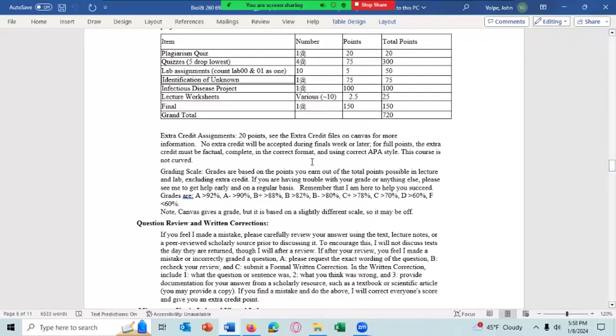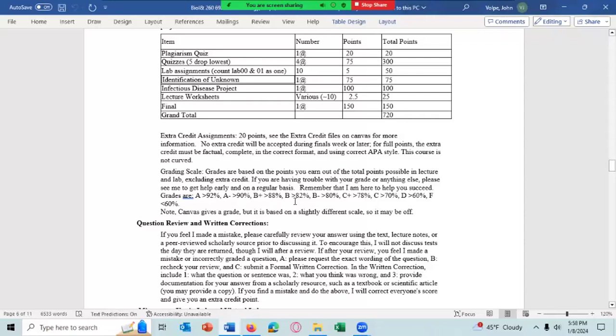Your grade will be the points you earn out of 720. So if you get greater than 92%, you get an A in the class. Greater than 90%, an A minus. Greater than 88%, a B plus.